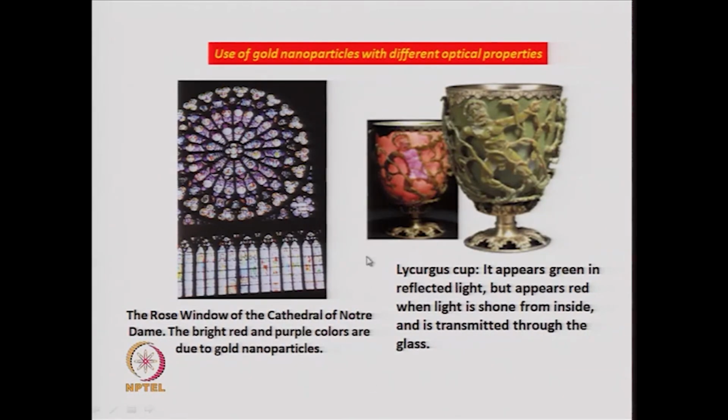For example, this window is a glass window, but the glass has been impregnated with gold nanoparticles. Now, this is there in the cathedral of Notre Dame, which is a very famous church, and all the glasses have colors, and those colors are due to gold nanoparticles, which we now know.